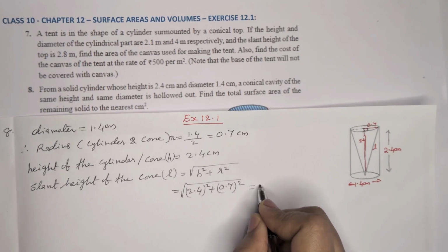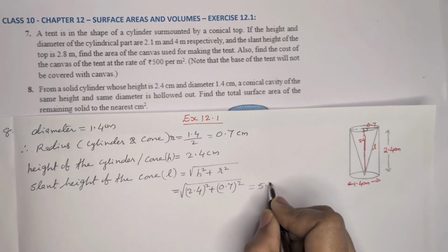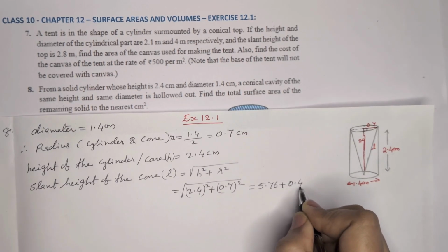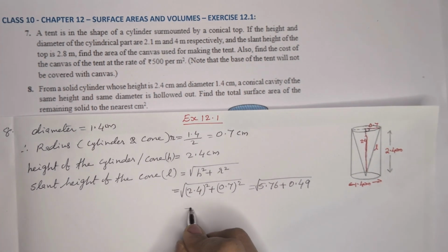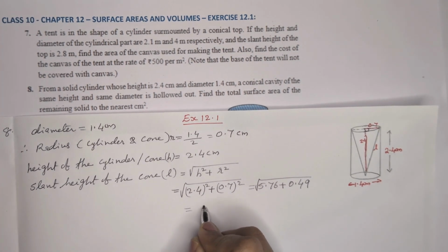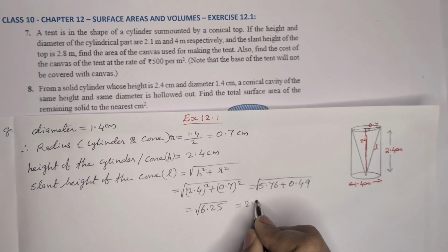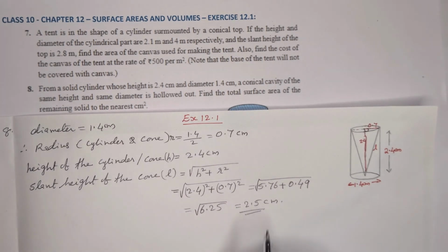And we are squaring that, 2.4 square, that is 5.76 plus 0.7 the whole square, that is 0.49, which is equal to 6.25. That means 2.5 centimeter. Now we got the slant height as 2.5 centimeter.